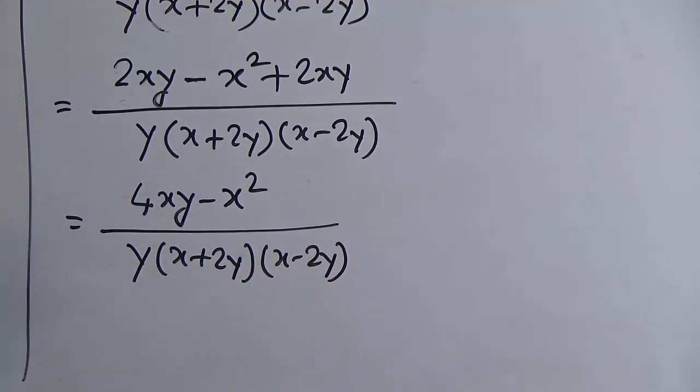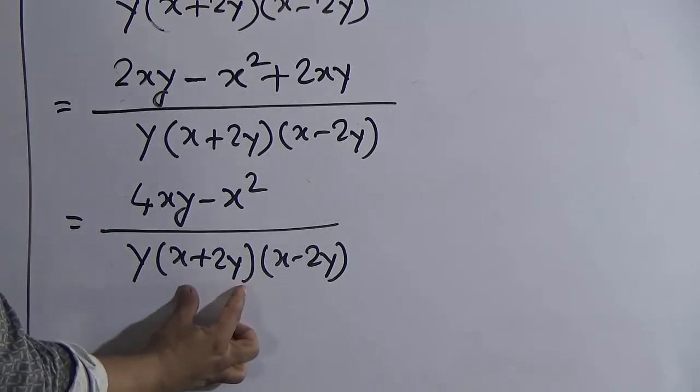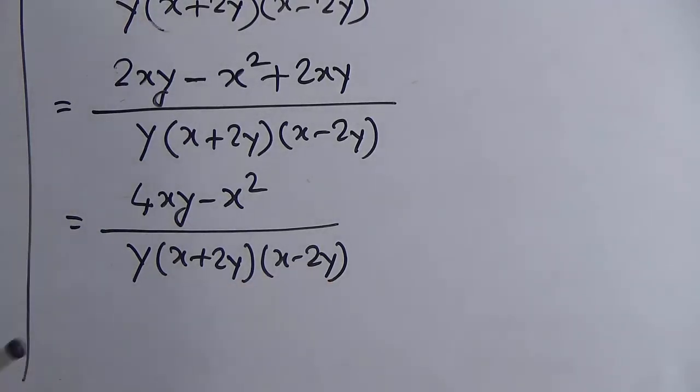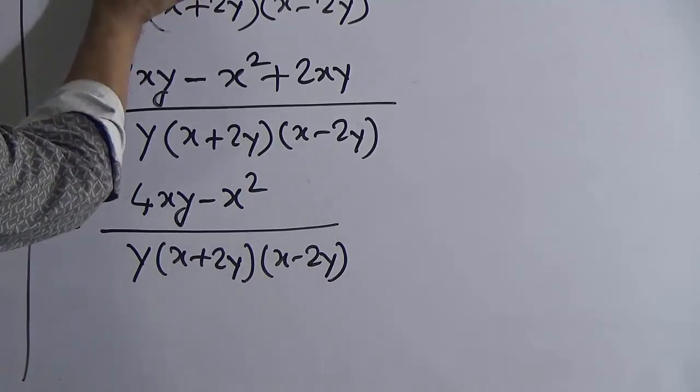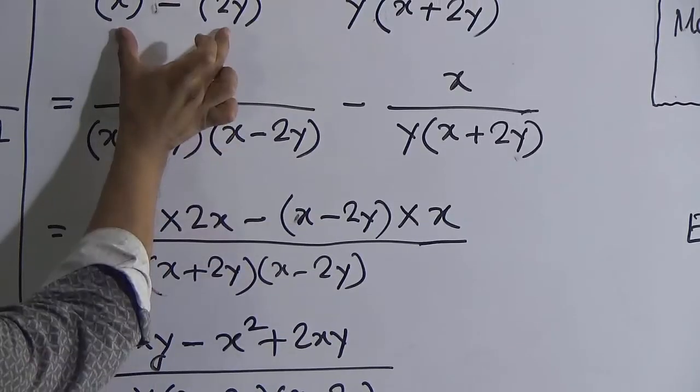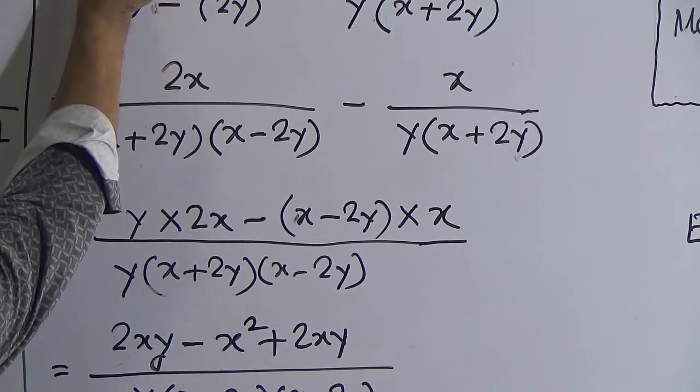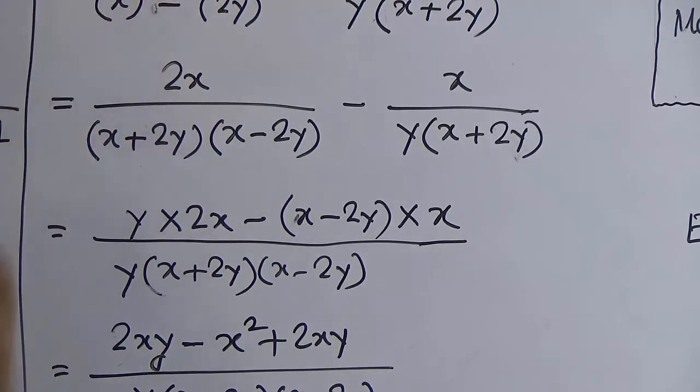You can write down the answer in another way, my dear students, because this x plus twice y into x minus twice y, we can write as a formula, and this is equal to x square minus 4y square. In the place of (x plus twice y)(x minus twice y), you can write down only x square minus 4y square.